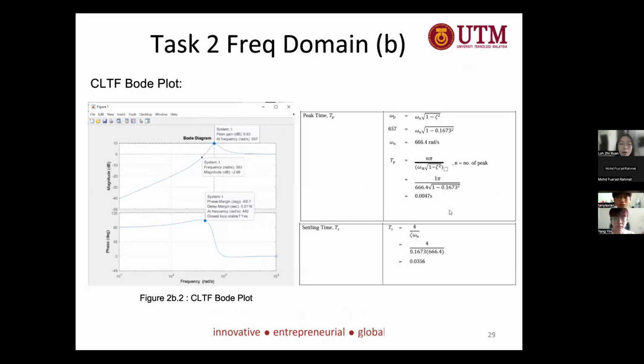Next. Then to get the peak time, we also substitute into this equation omega p and zeta that we got just now, and we will get omega n as 600. Then by substituting this omega n and zeta, we get tp equals 0.04. And for the settling time, also by substituting, we get 0.03.